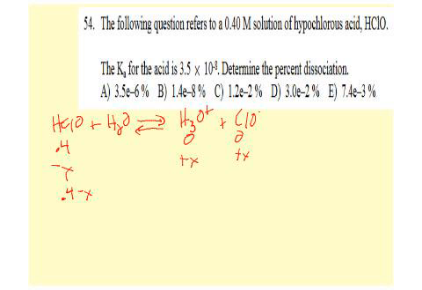What did it tell us? Oh, we know Ka. x and x. So I've got to write my Ka expression: 3.5 E negative 8 equals x squared over 0.4 minus x.